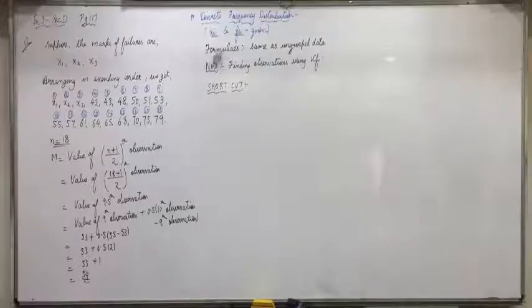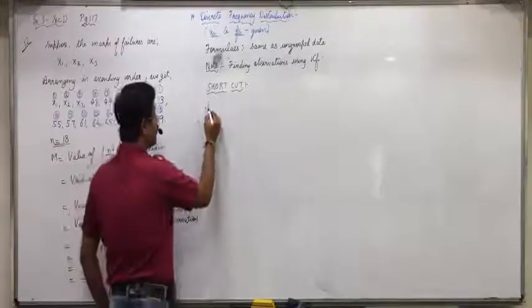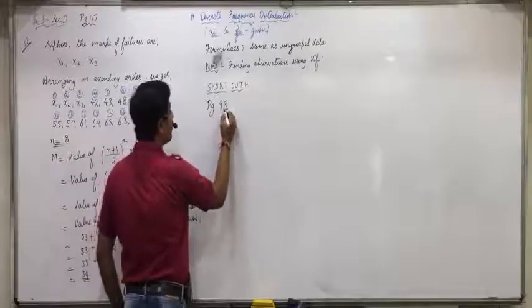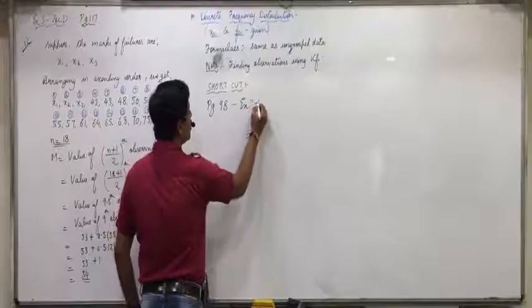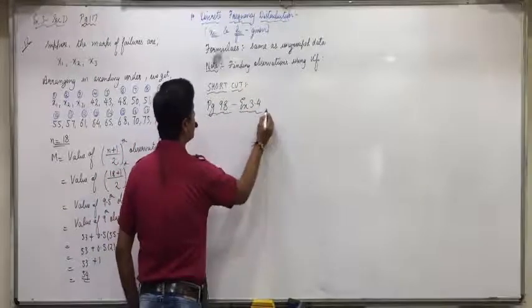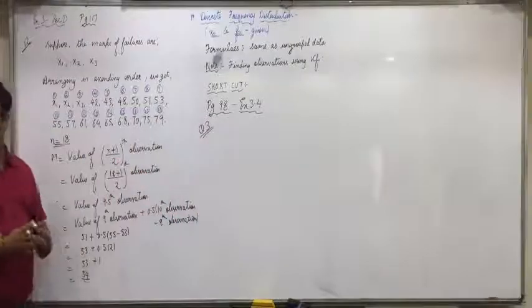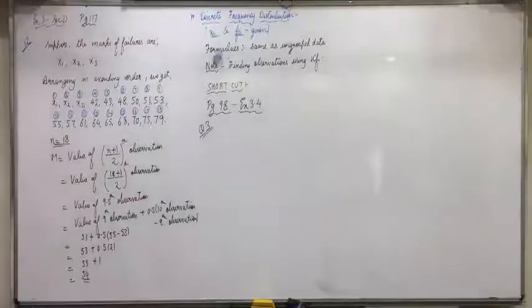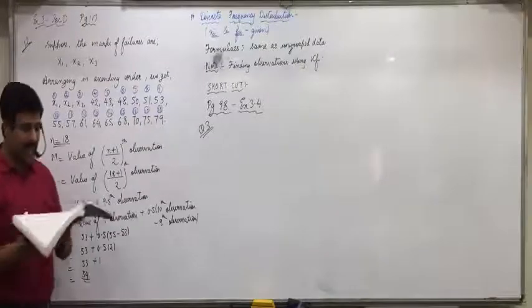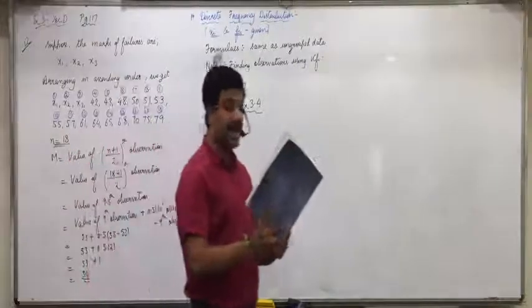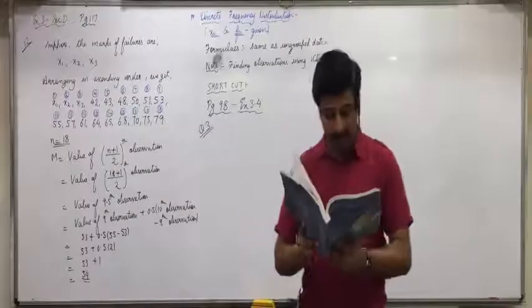Now look at page 98, exercise 3.4, question 3. The following table gives age of 80 students selected from a college.